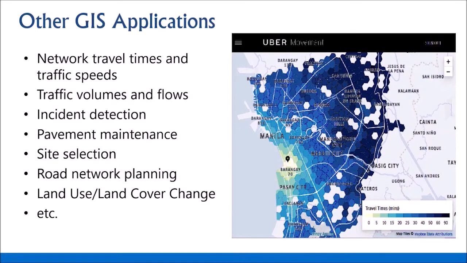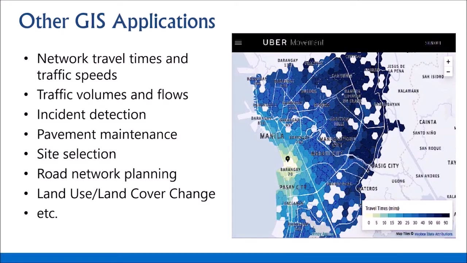Now these are just other GIS applications: network travel times and traffic speeds, traffic volumes and flows, incident detection, pavement management, and so forth. We will discuss this in the succeeding slides.